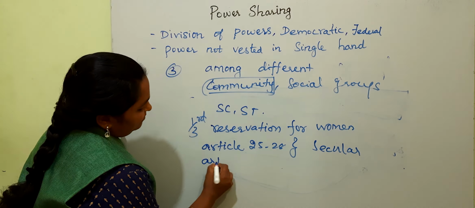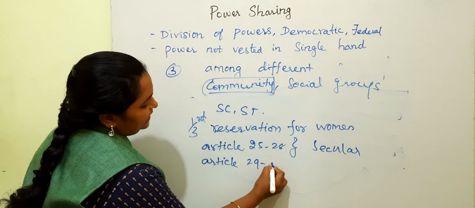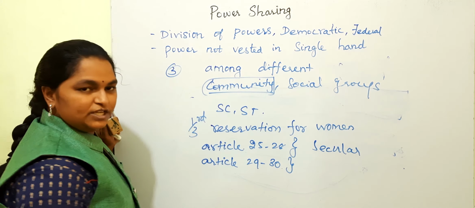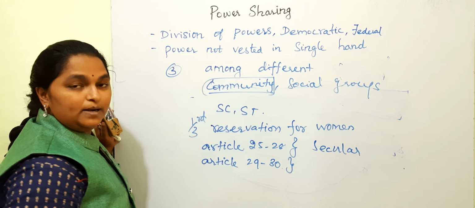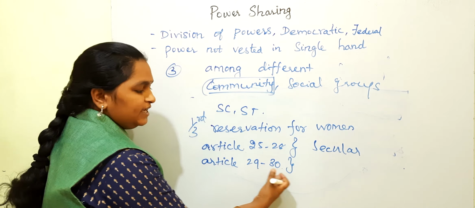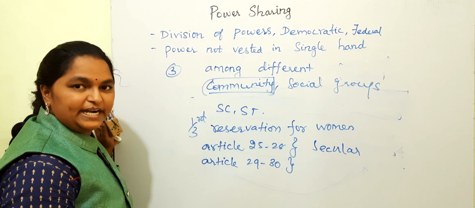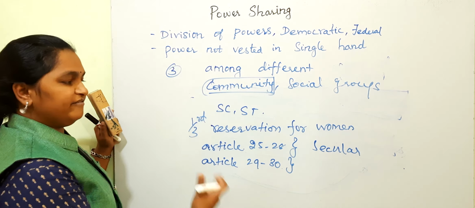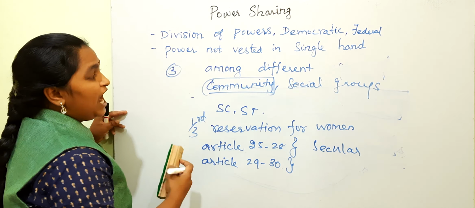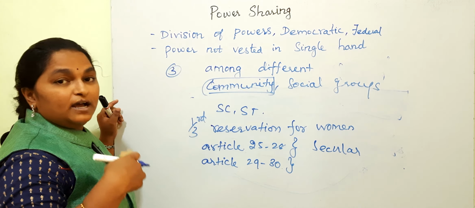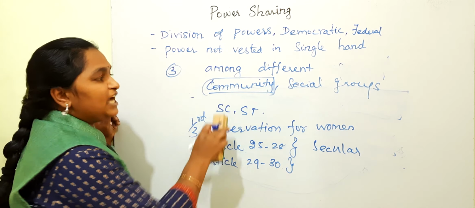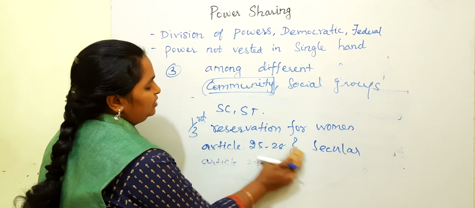And fundamental rights, articles 29 and 30, give protection to minority people and minority cultures. So this is very important, how our constitution shares power among communities and social groups.